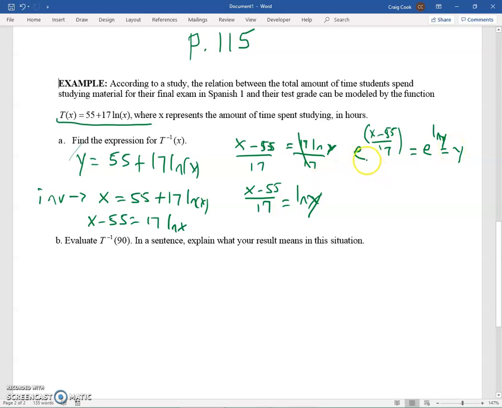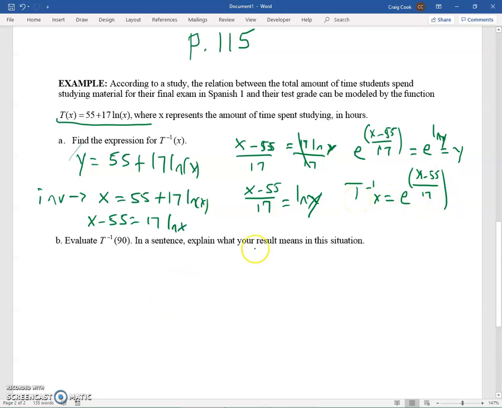So y equals e raised to the x minus 55 over 17. Very messy, I'm sorry. So the expression for T inverse is e raised to the x minus 55 over 17.